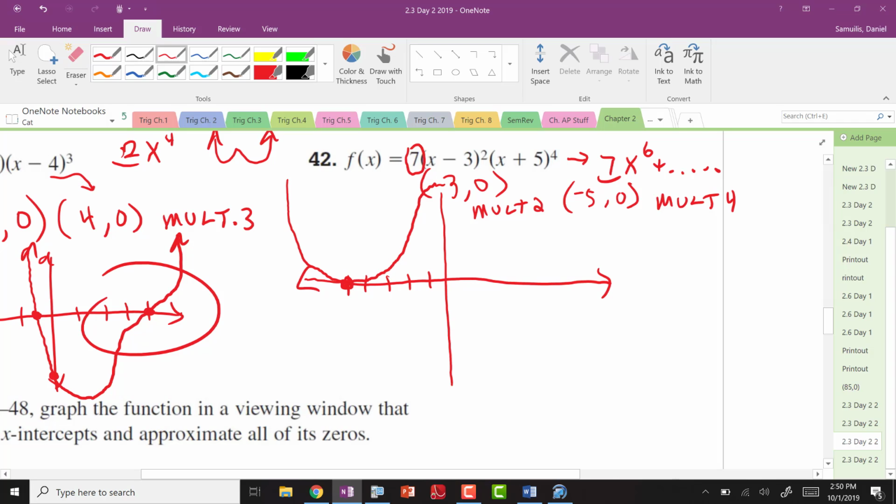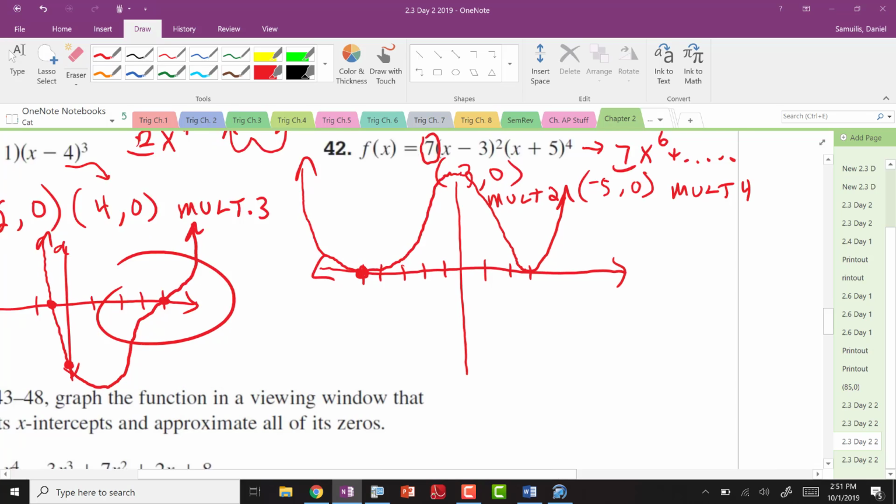Then it comes down and just hits that normally as a double and then goes up. Now, if you went to the graphing calculator, you'd barely see a thing. You'd really have to manipulate your window in order to make sure you get a good picture there.